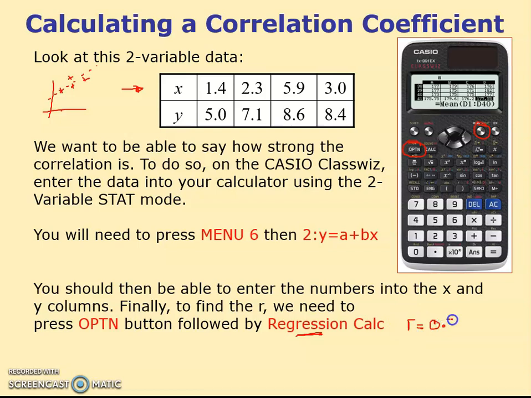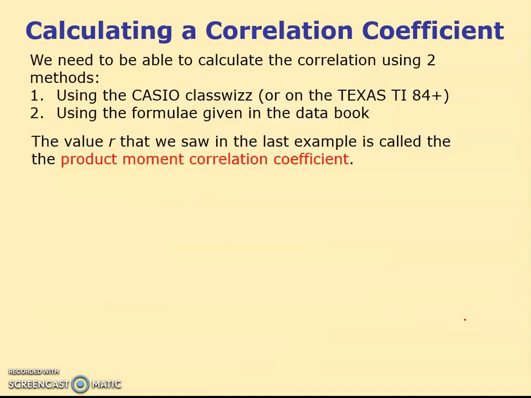We can worry about what the A and the B mean later on. 0.786. So it really is very straightforward. There it is, done. So if you get asked what the correlation coefficient is for a bunch of numbers that they tell you, you can literally just type them into your calculator. And that is good enough if they tell you to do it.